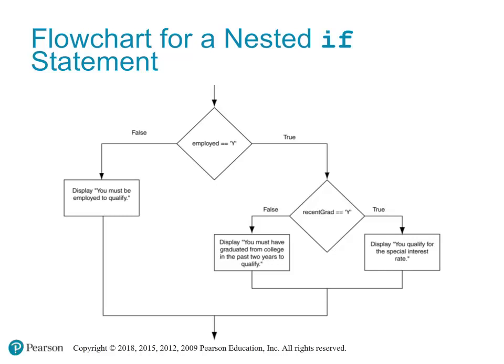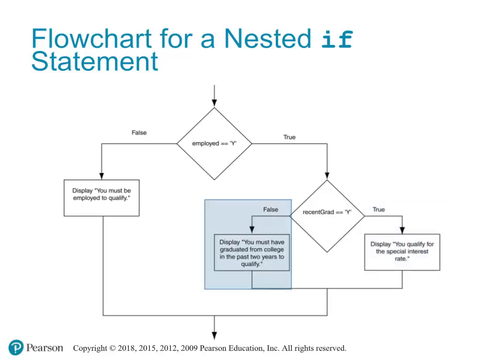So if employed equal y, if this expression evaluates to true, then we have another condition: if recent grad equal y. If recent grad equal y is true, we display you qualify for the special interest rate.